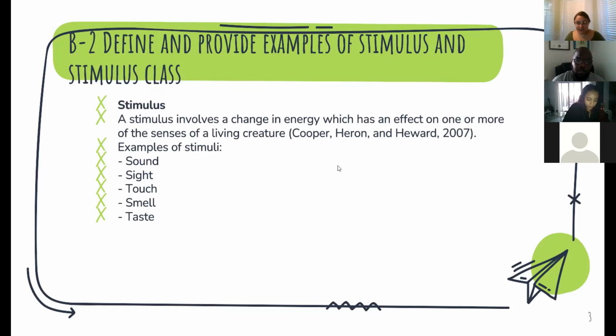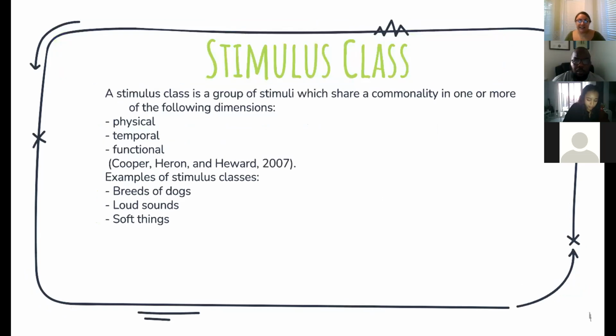And then we go into stimulus class, which is a group of stimuli that share a commonality in one or more of the physical dimensions. So physical, temporal, or functional. Examples of stimulus class can be a breed of dogs, loud sounds, soft things, all the same stimulus class.